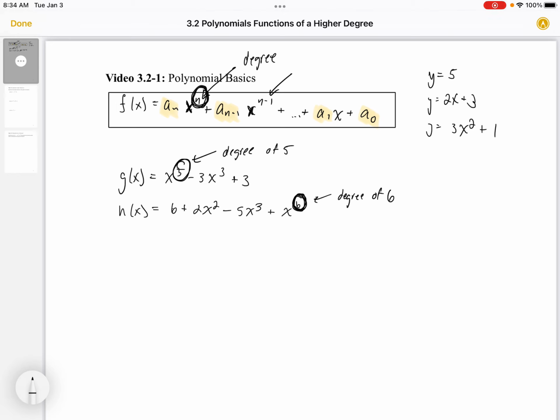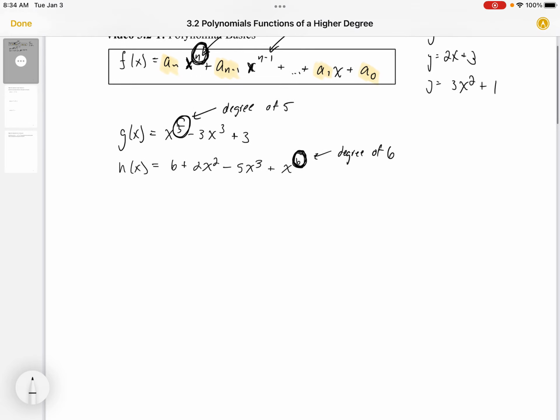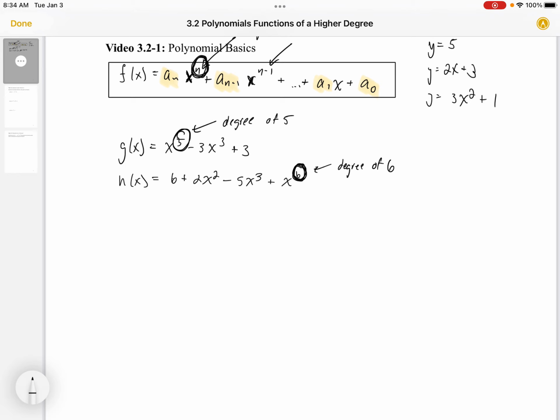Okay, now there are some basic characteristics or features of polynomials that you should be familiar with. The first is that the graph of a polynomial has to be continuous. What I mean by continuous is that there are no breaks, no holes, no gaps. So it would look something like this.